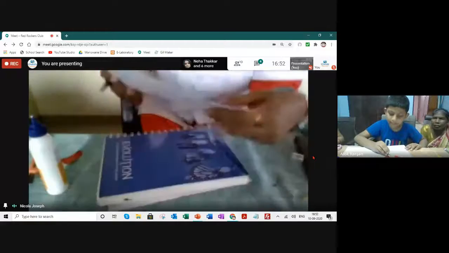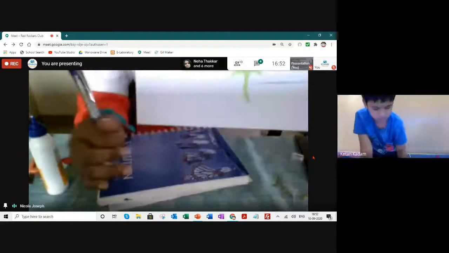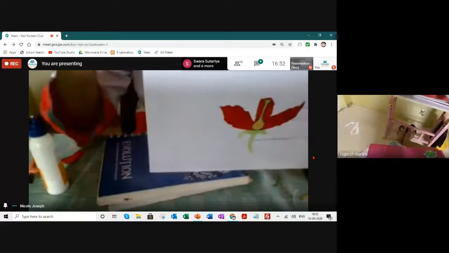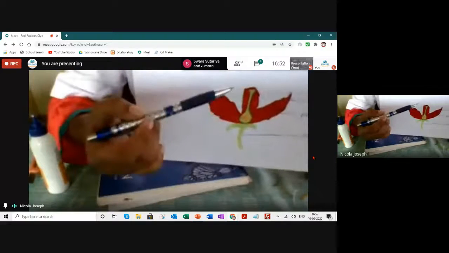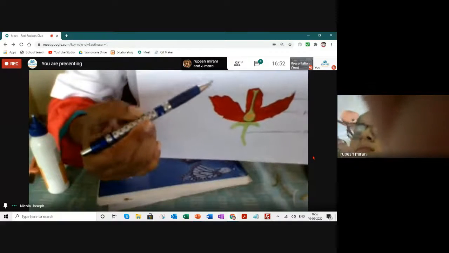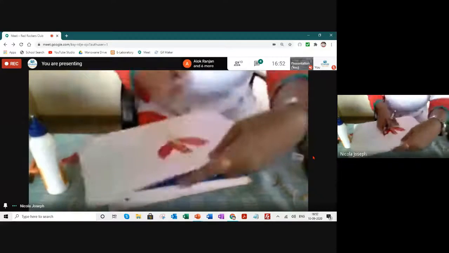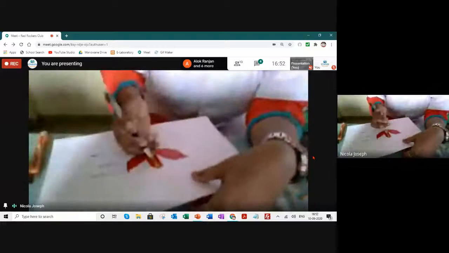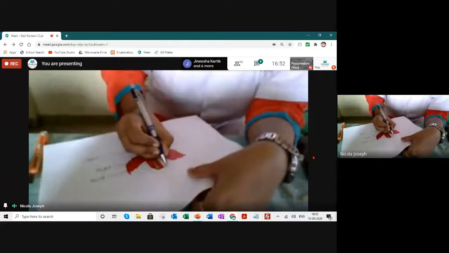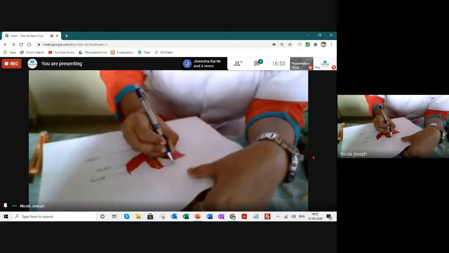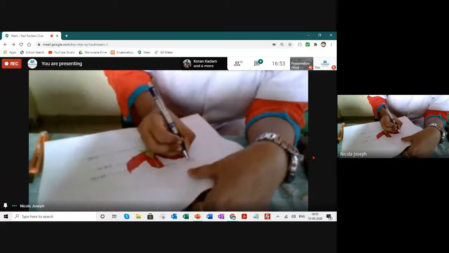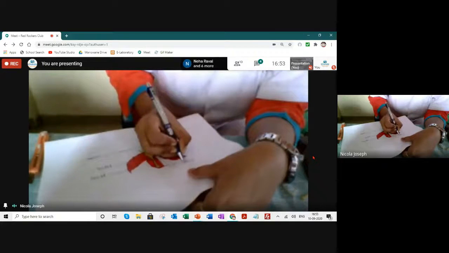Okay, children. Now we have to write the parts of the pistil. The pistil has 3 parts. What are the 3 parts? What is the top part called? You all write it on the other side, okay? You all will write stigma. S-T-I-G-M-A. Stigma.